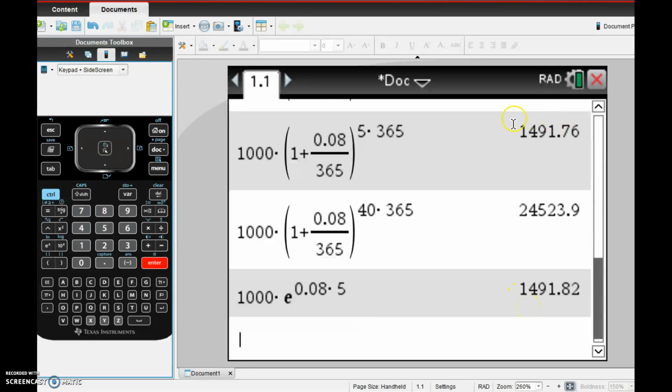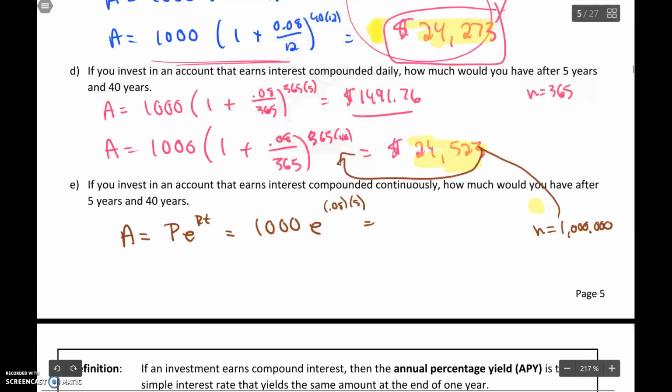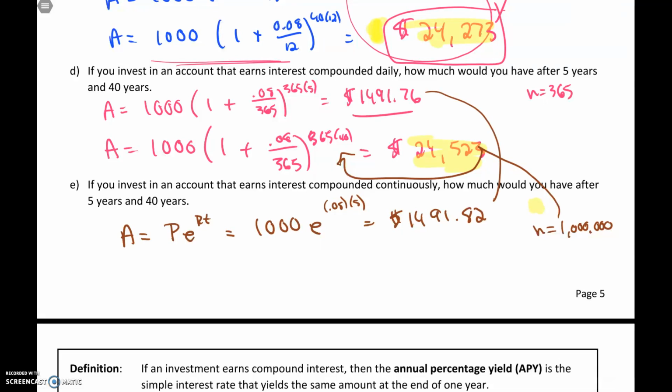And as you can see, even at 365, we were within $1 of the value that this thing is approaching. So it wouldn't really do much more to compound it every hour or every minute or second or anything like that. 1491.82. Not much of an increase there, just a few cents.